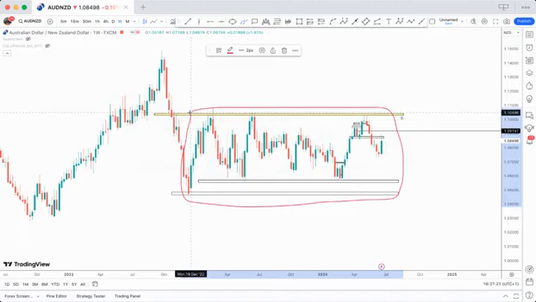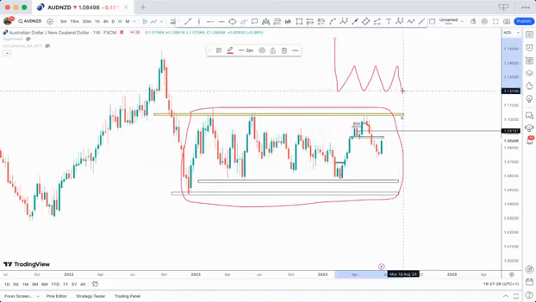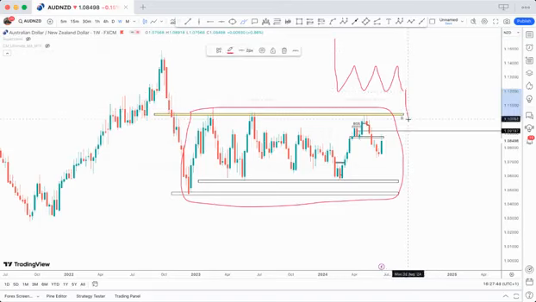We also have a ranging market, which is this example right now where price is moving between two levels of support and resistance. You can see. So this is a ranging market, and we are always anticipating either a break to the upside or a break to the downside, right?